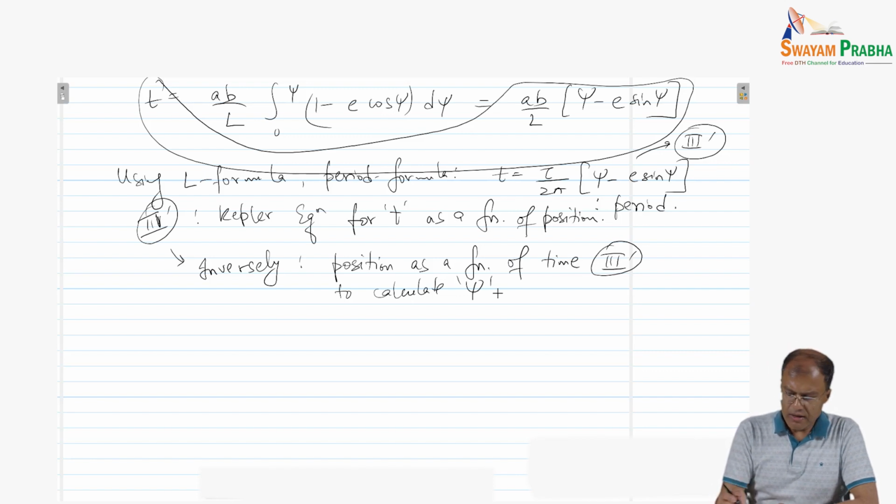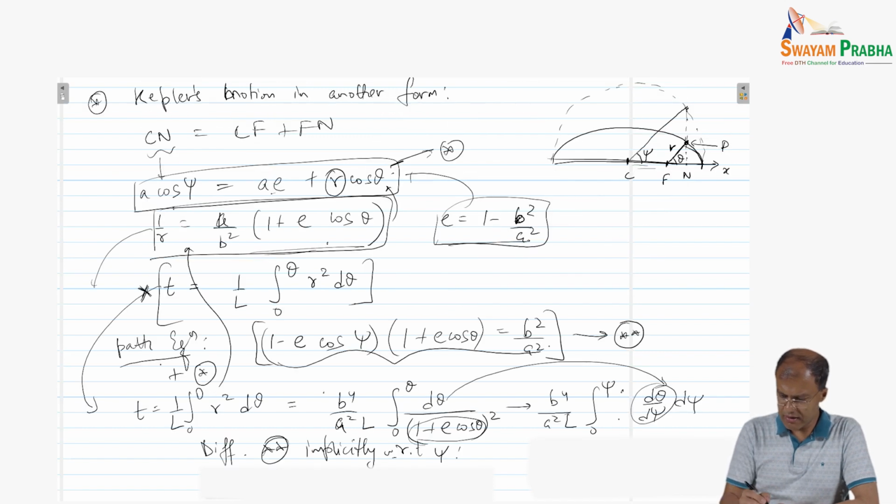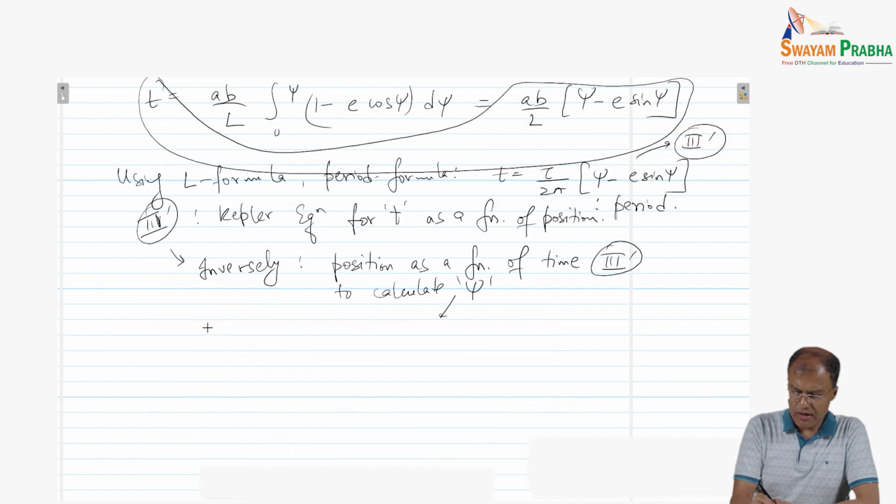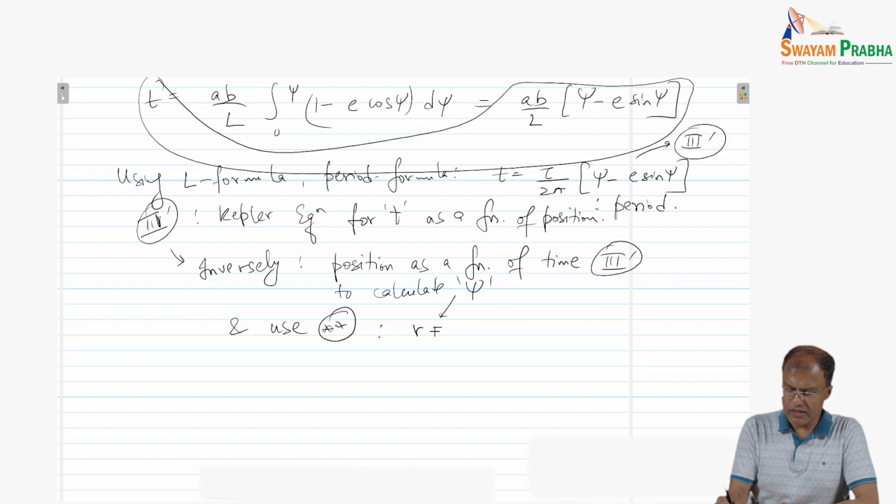Okay, and from here we can find position as a function of psi, and we can use this equation double star to find that my position r is a times 1 minus e cos psi.